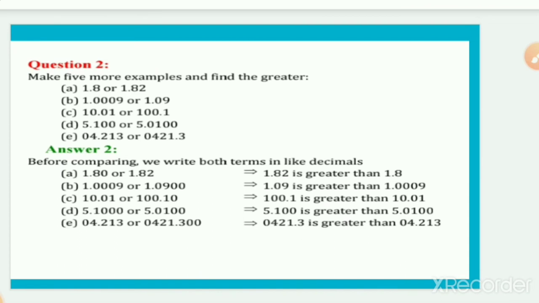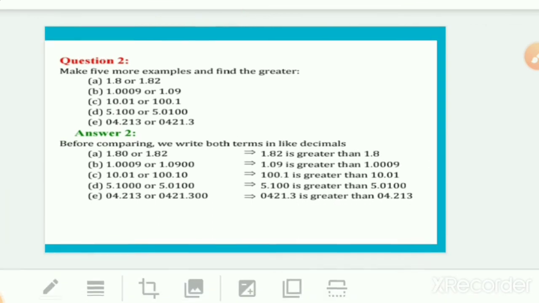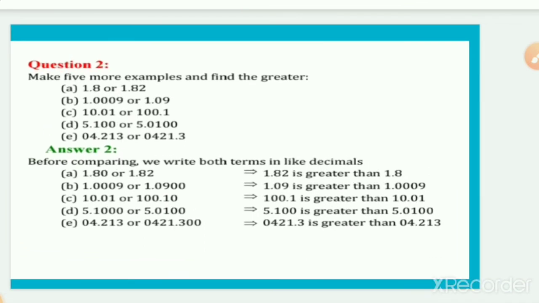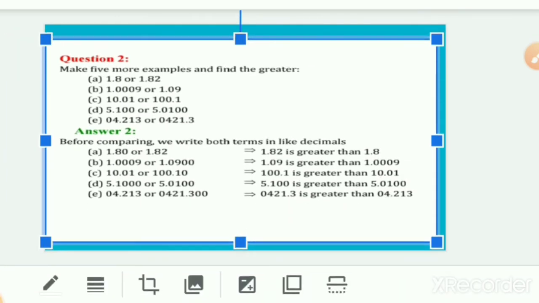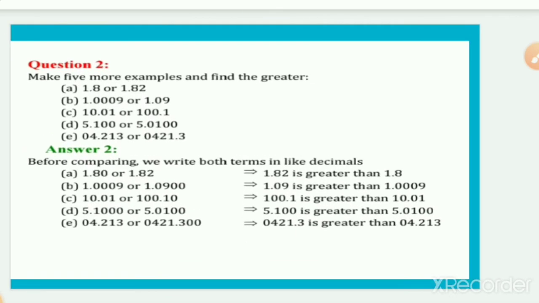Which number is greater? See, the ones place is the same, after the decimal point the 10th place is also the same, but as soon as you move to the 100th place, one has 0 and another has 2. So number 2 will be greater, right? So 1.82 is greater than 1.8.